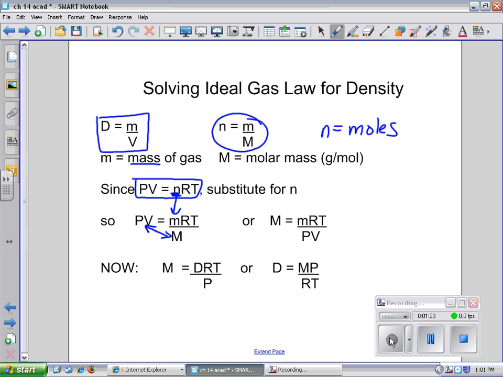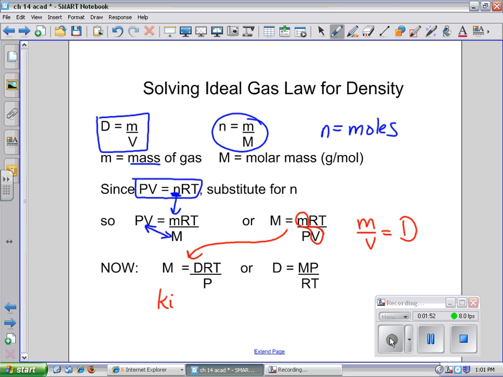But remember that we said the definition of density is mass divided by volume, right? Mass divided by volume equals density. So that means we can take this equation and rewrite it as the molar mass equals the density times R times T over the pressure. So the molar mass equals the density times R times T over the pressure.